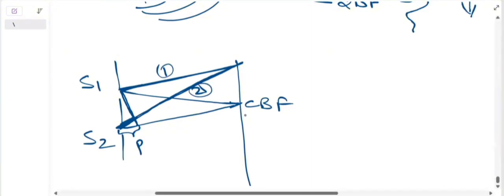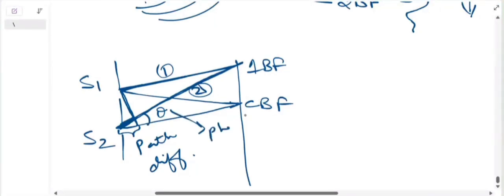Wave 2 is traveling a longer distance to arrive at the first bright fringe in comparison to the first wave. That difference is known as path difference. And how much more angle it has covered is known as the phase difference.